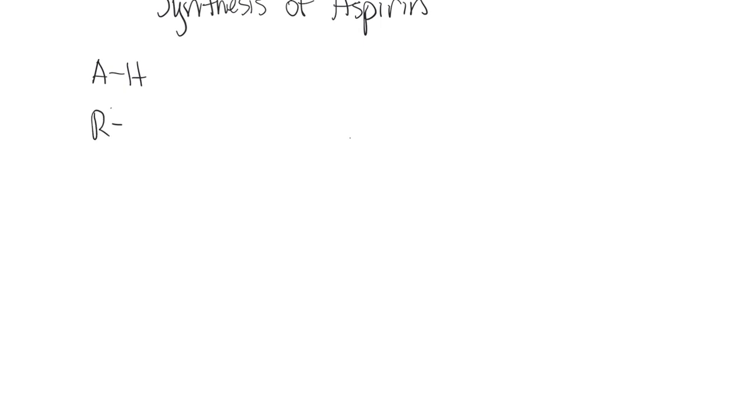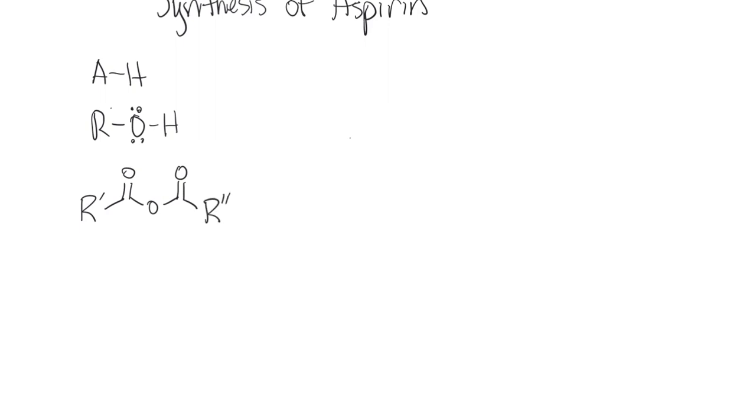We'll just name this ROH. And we have an acid anhydride, specifically acetic anhydride. We'll call this R prime. And this is a generic acid anhydride, and this is R double prime.